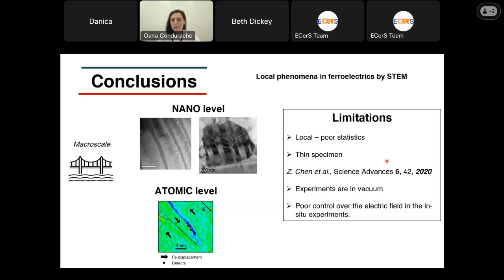And for the in situ part, at least for the state-of-the-art holders that we have now, I think that the control over the electric field is still quite poor, and maybe we need some finite element simulations in order to understand the electric field distribution, but also to link it to the response.